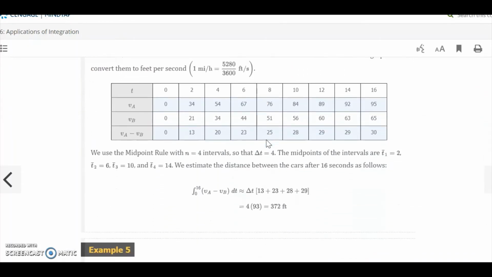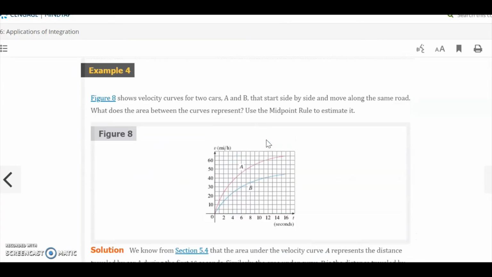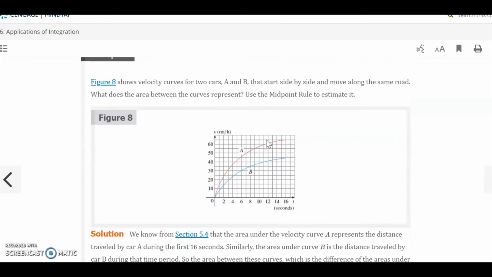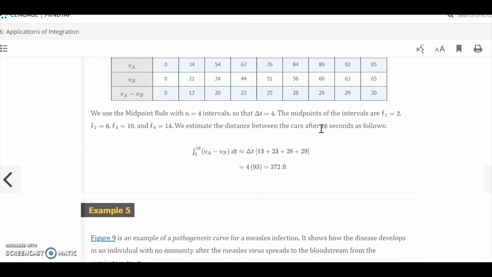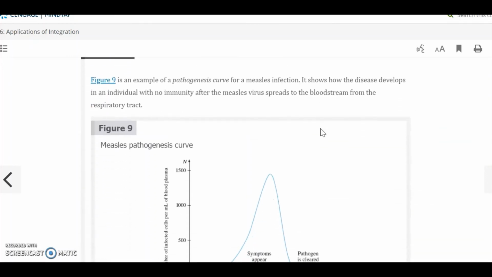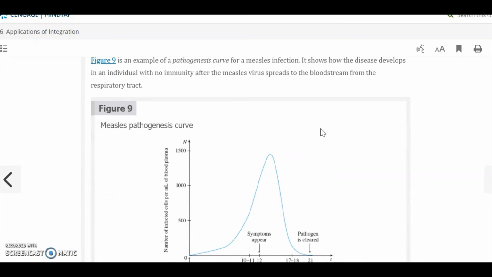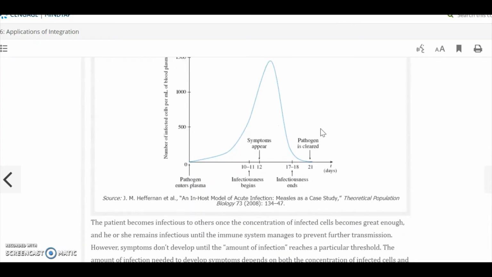So let's see. So this can be applied to velocity as well. So again, you're doing the same thing. Let's see, what other example do I want to look at?